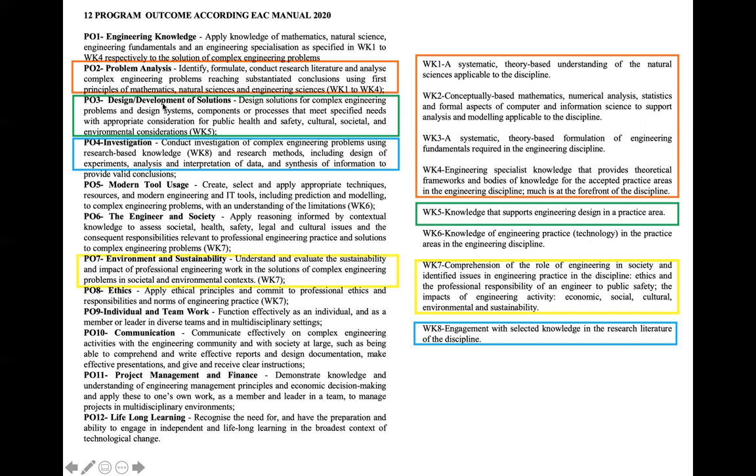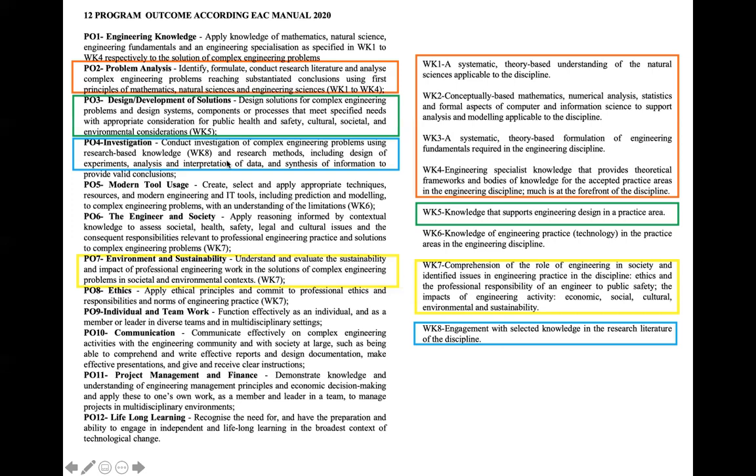Okay, so design and development of solutions. Once you know some of the basic knowledge, for example, I give you an engine and I might ask you to propose a way to improve the efficiency of the engine. From there, you are able to achieve your PO3, which links with WK5, knowledge that supports engineering design in the practice area.